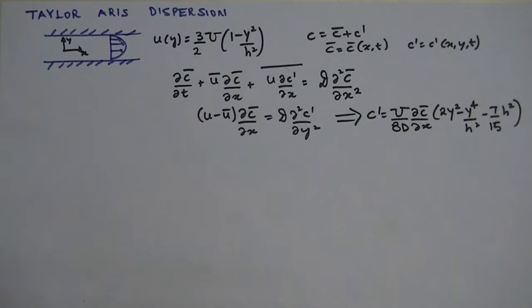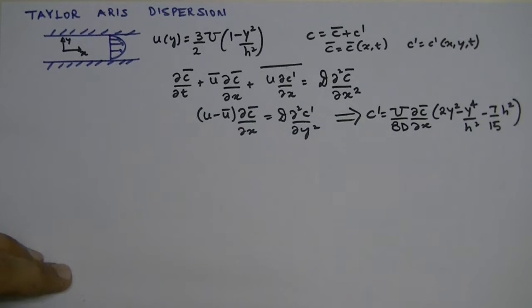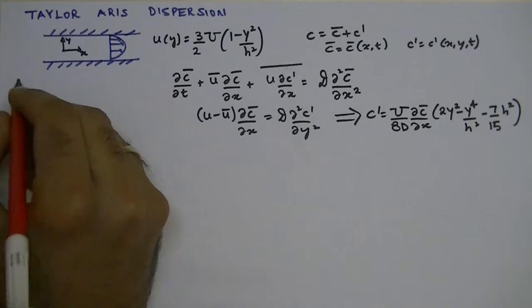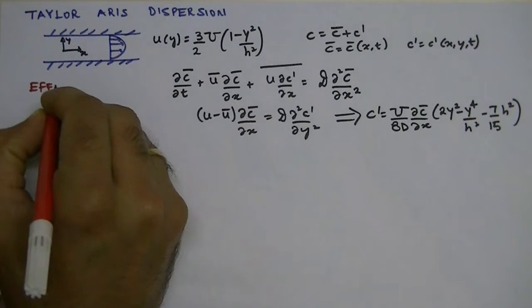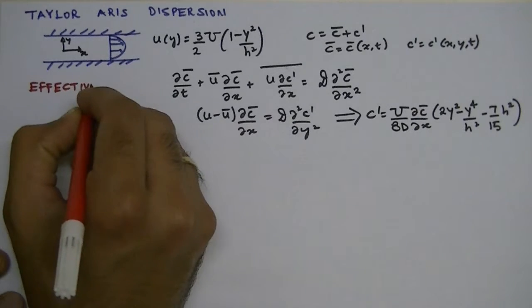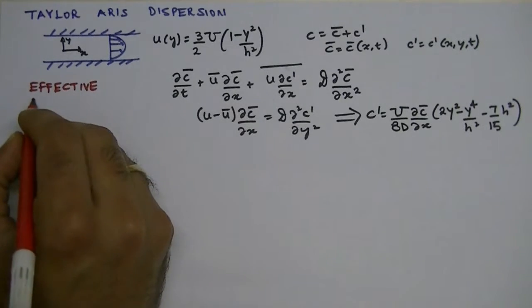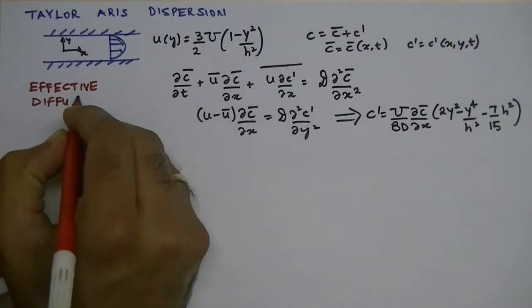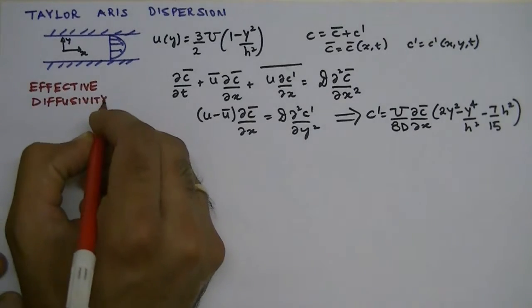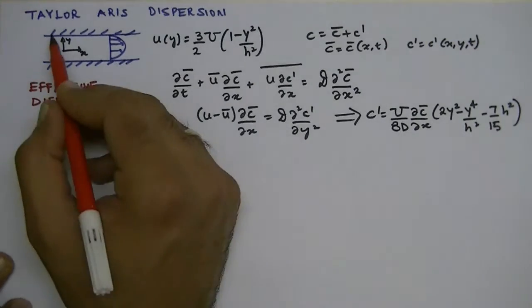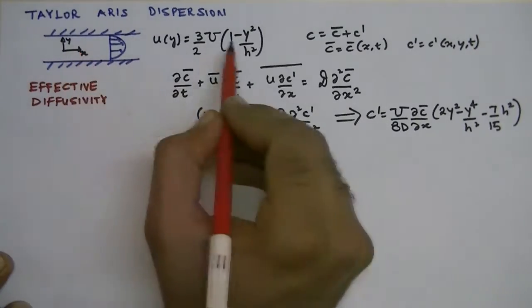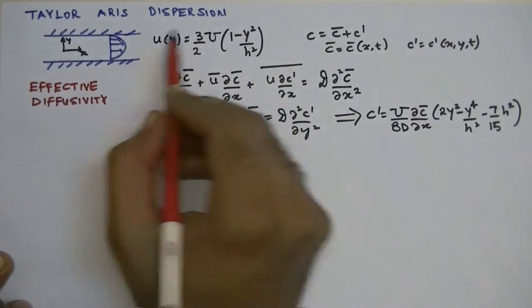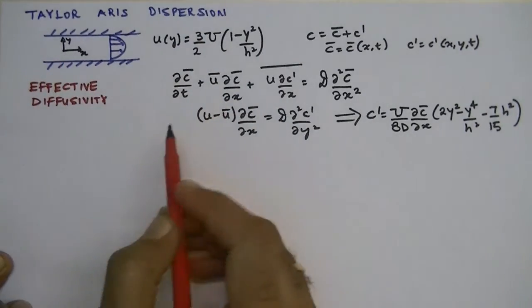In this lecture, we will continue our previous discussion on deriving a relation for effective diffusivity of a passive scalar which is being advected and is diffusing in a steady flow between these two parallel plates.